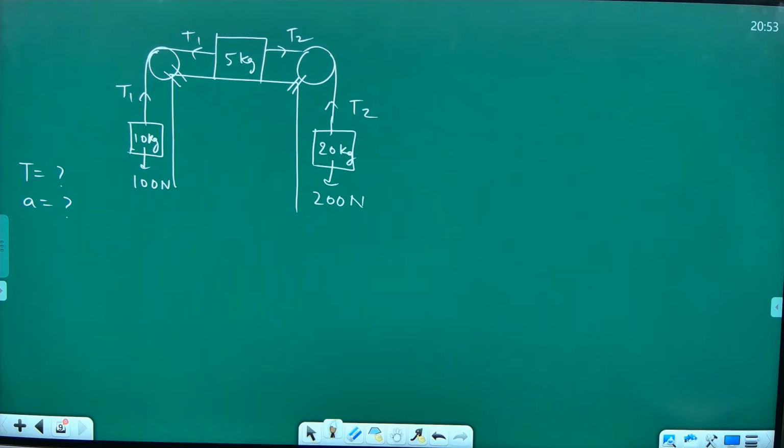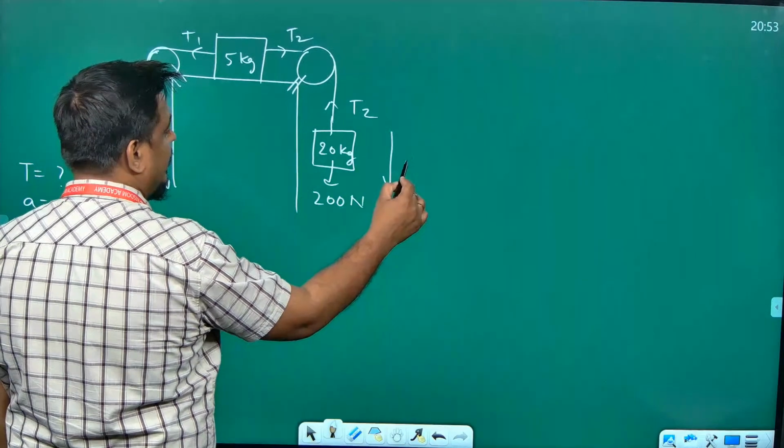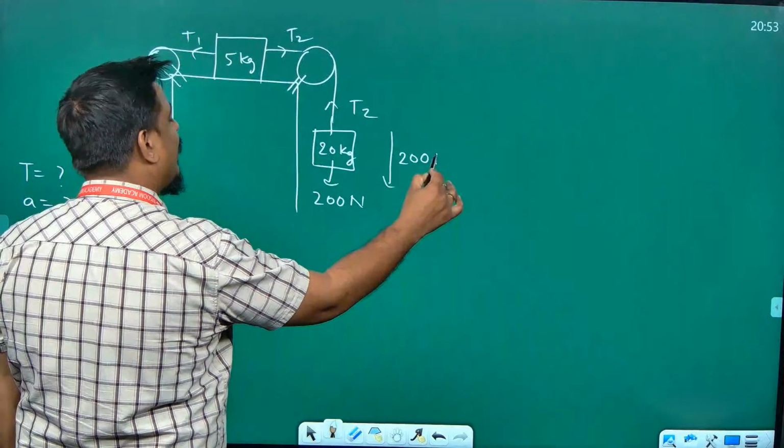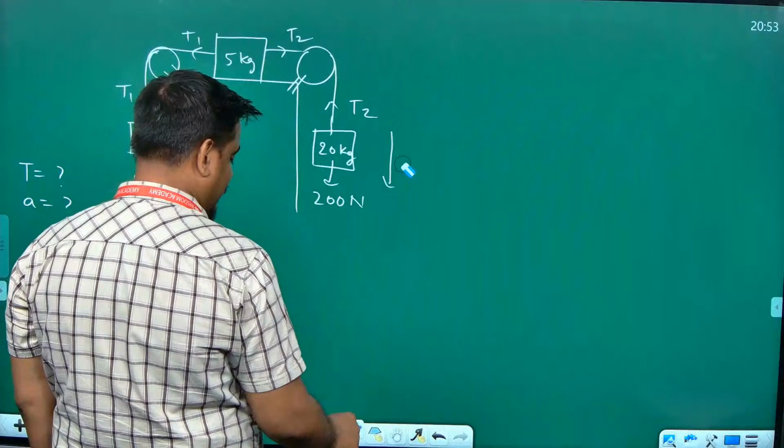Have you tried to frame the equations? We said the body will move towards 200 or towards 100? Obviously 200, common sense. If you ask me how I am confirming that the body will move this side, see, common sense.